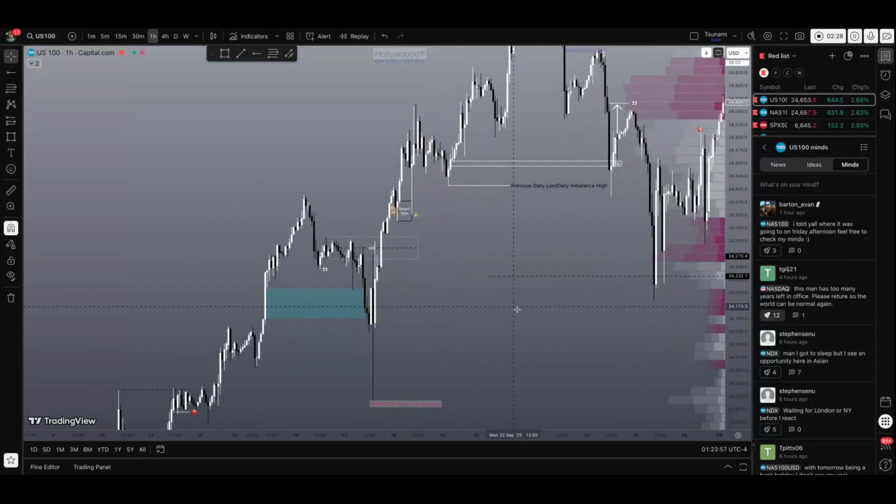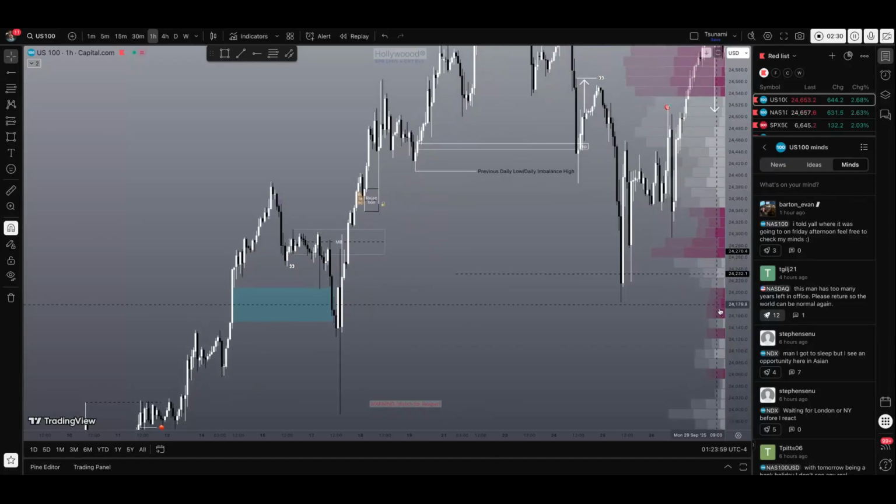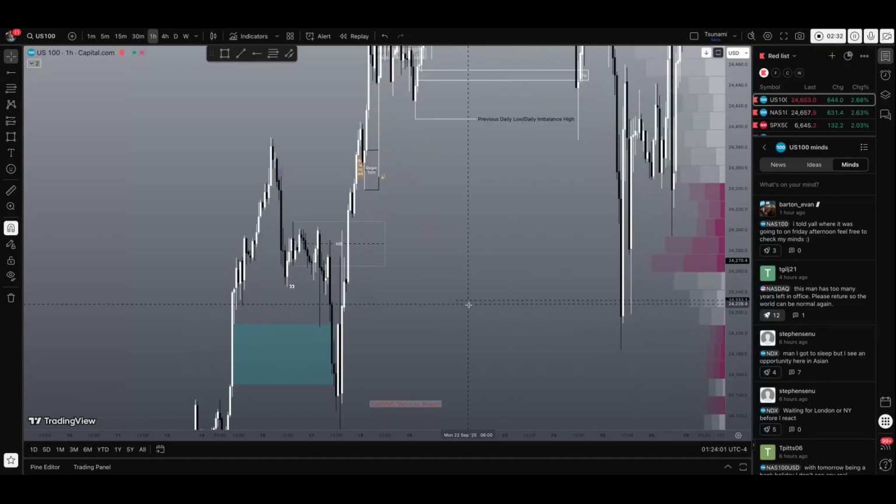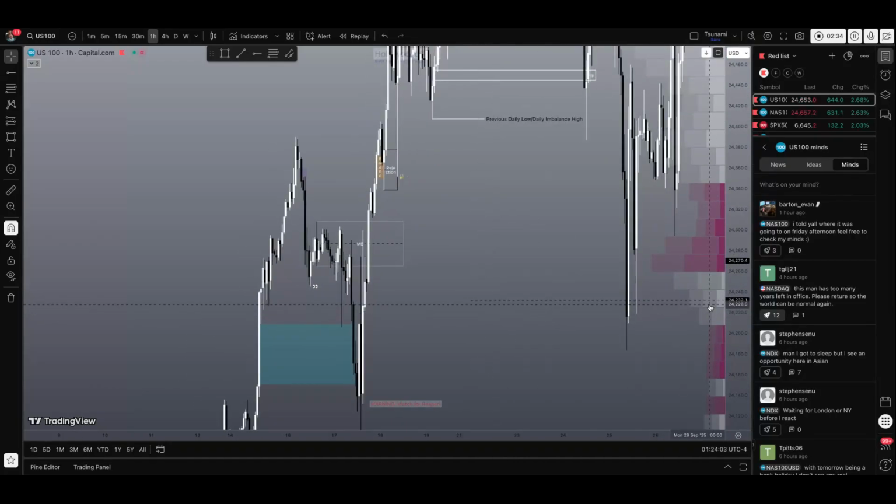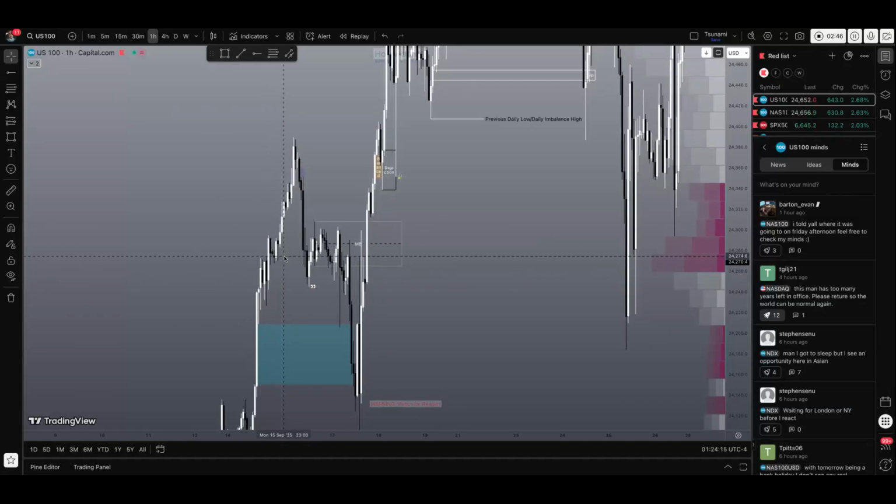And so I find this, and this is what made me want to record this video, because the level is 24,270. So what I'm gonna do is, I could use the magnet, but when you get to 24,270.4, actually.